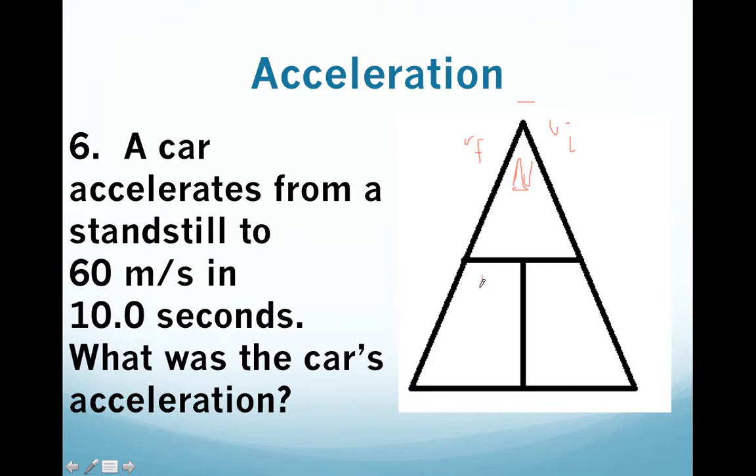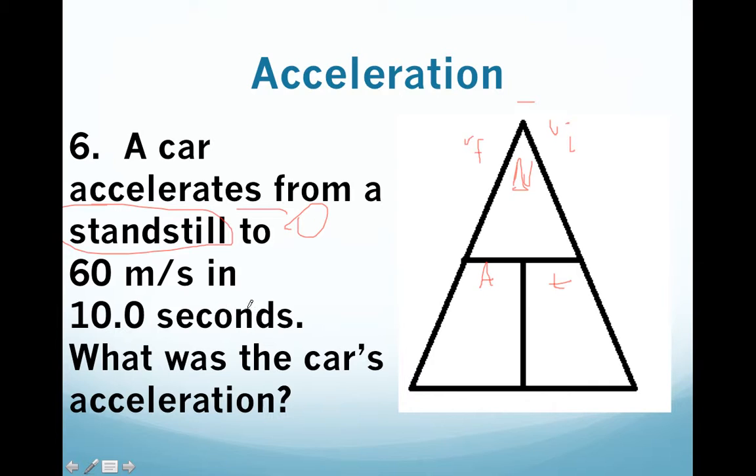And then this one's your acceleration here, and this is your time. All right, so let's take a look. A car accelerates from a standstill. Now, if you're at a standstill, that means that I am at 0. So we're at 0, and 60 meters per second is your final. So you're going from 0 to 60 in 10 seconds.